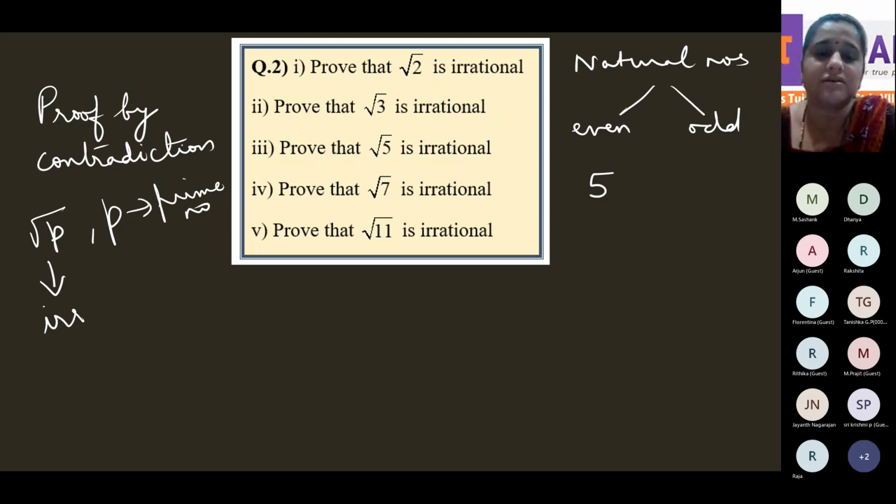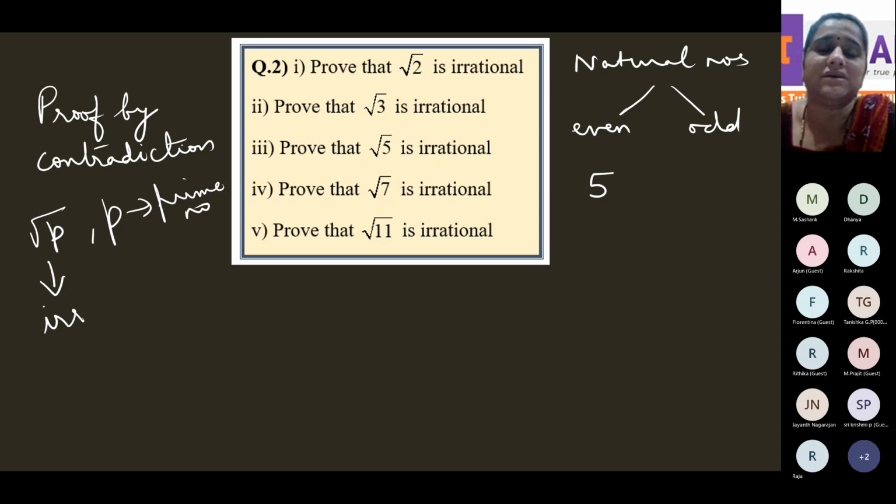Now we know that root 2 is an irrational number because its decimal representation is non-terminating, non-repeating. When you find the value of root 2, root 3, root 5, root 7, root 11, root p, where p is a prime number, the decimal expansions are non-terminating, non-repeating.